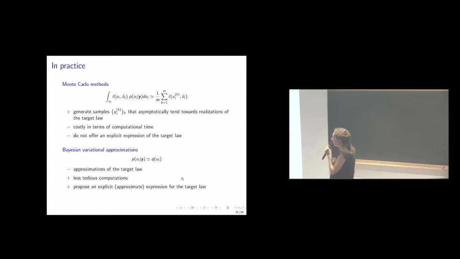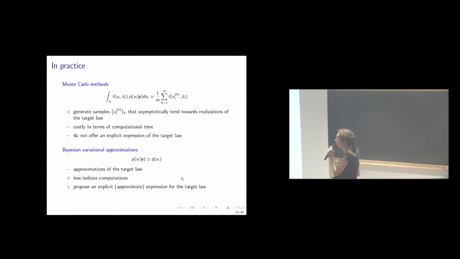As an alternative, you can use Bayesian variational approximations, where you try to define directly an explicit analytical expression of the posterior distribution. So these are approximations. Here you can try to turn towards the exact law.